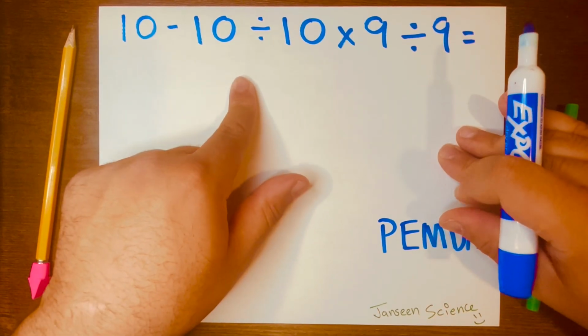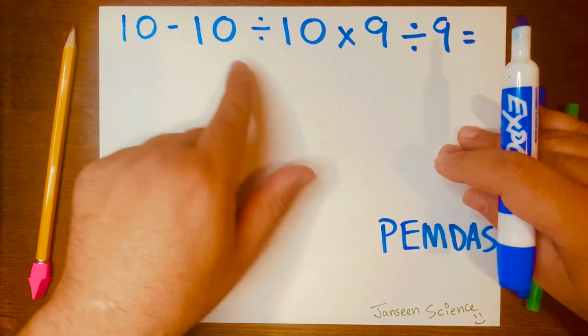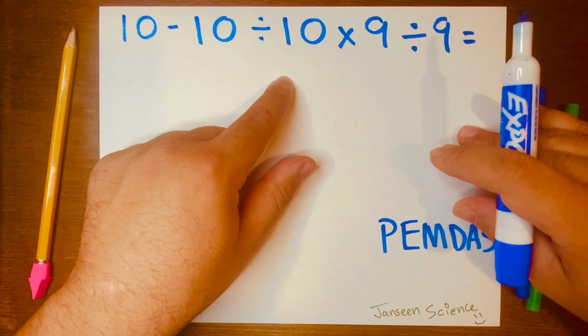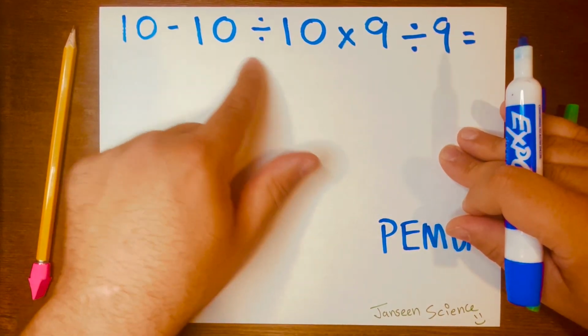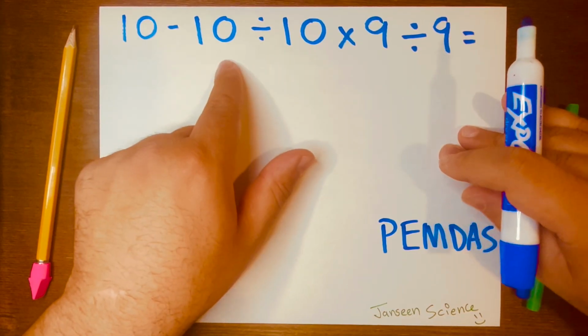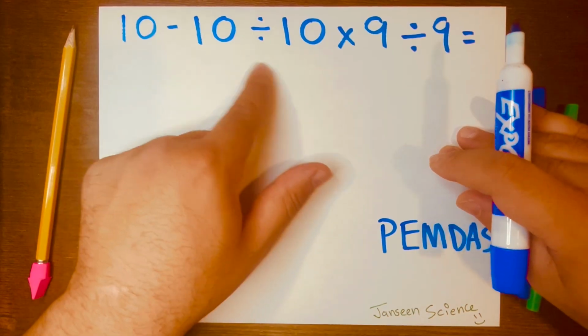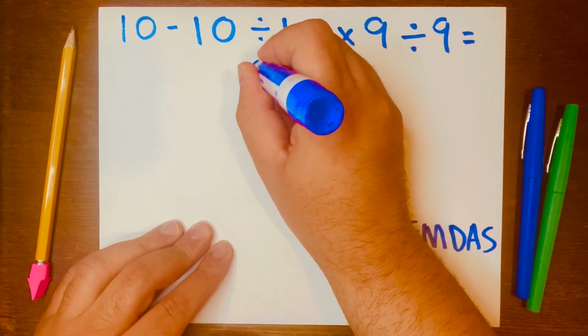And then we see which will go first. Well, 10 divided by 10 will go first because it's the first one in the line, if you notice. It's not multiplication. So the first one in the line from that level is division. So we divide 10 divided by 10 equals 1.